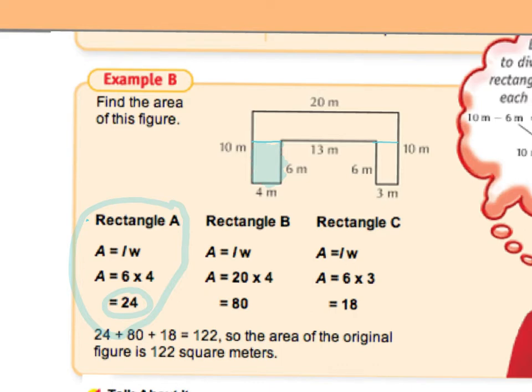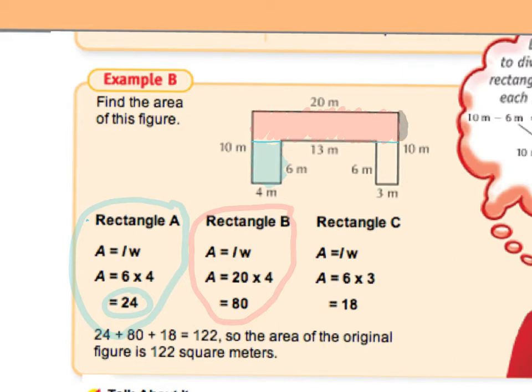Now, if we go to rectangle B, that's going to be this guy right up here. Now, this is a little bit tricky because our base is going to be 20 and our height is going to be this little spot right here.